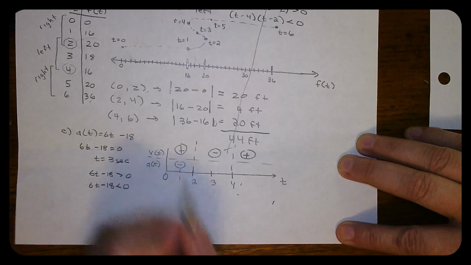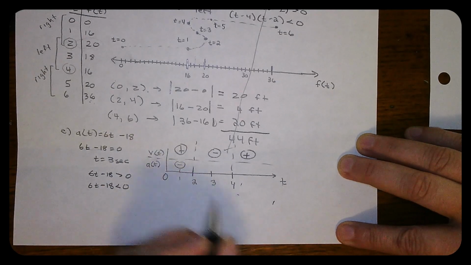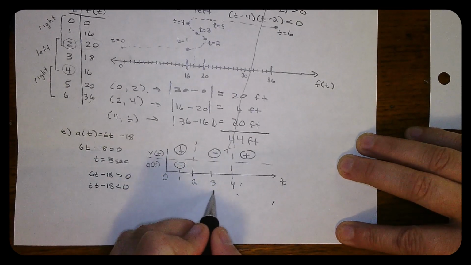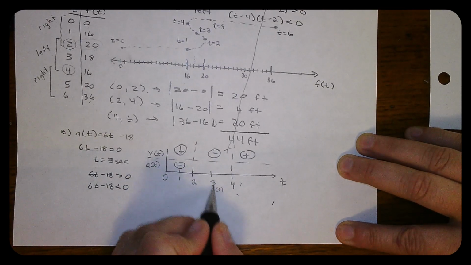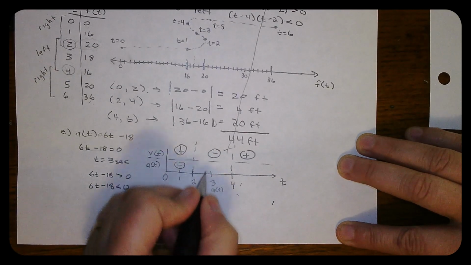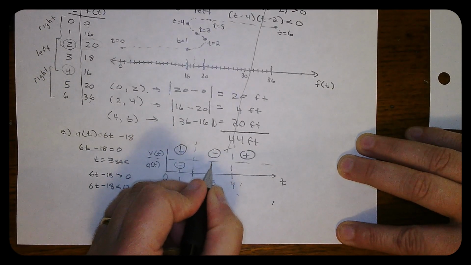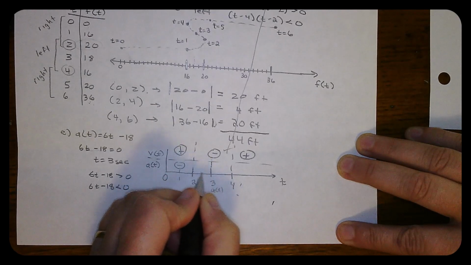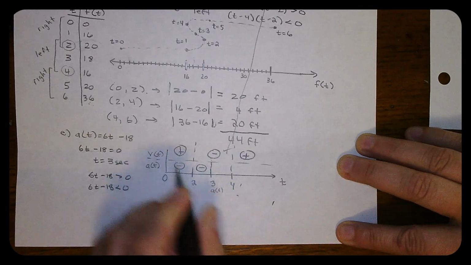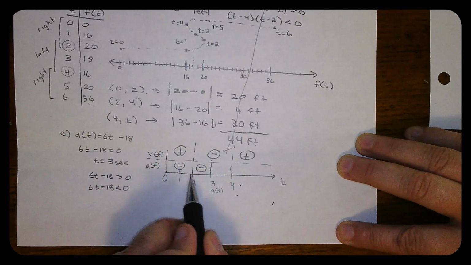That's a negative value. All right. Let's add that. So that's a minus. That's a minus. Okay. Anything to the left of 3 is a minus.